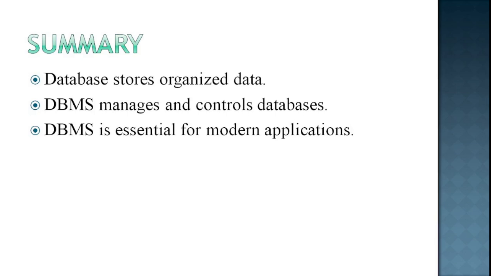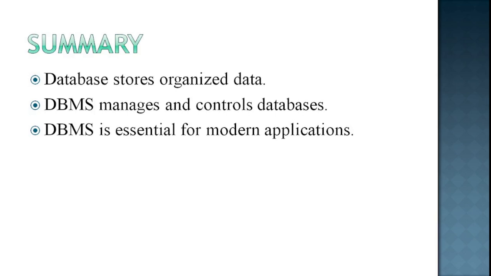Now see, what is the summary of today's lesson? A database stores organized data. That means a database is a storage where we can store and manage our data. Data means raw figures with some values. A database management system, or DBMS, manages and controls databases. Whenever we need to manage multiple databases efficiently, we need a database management system.